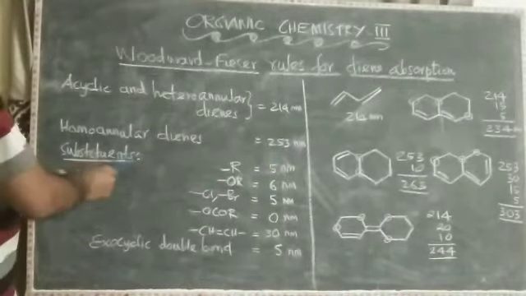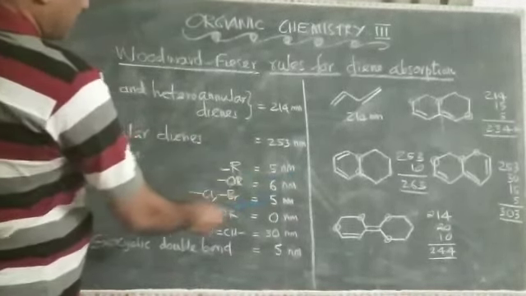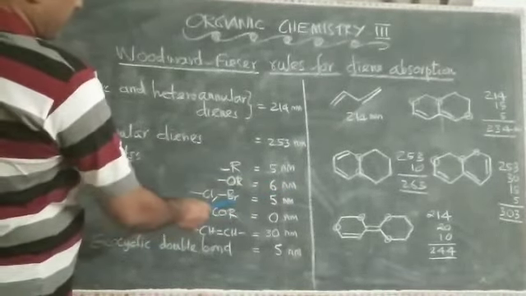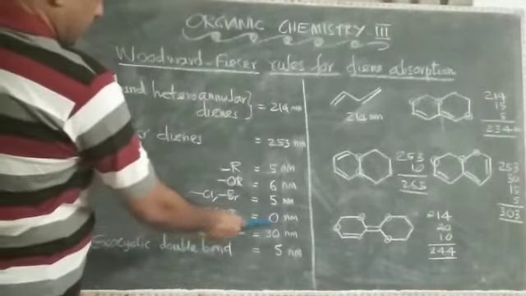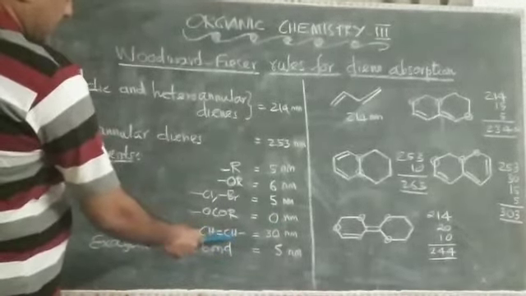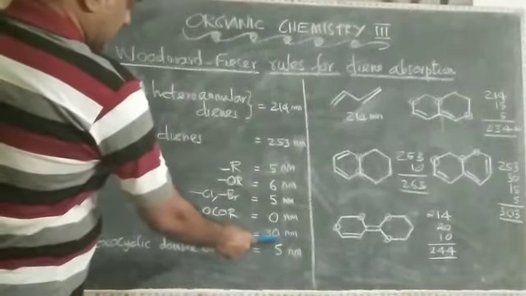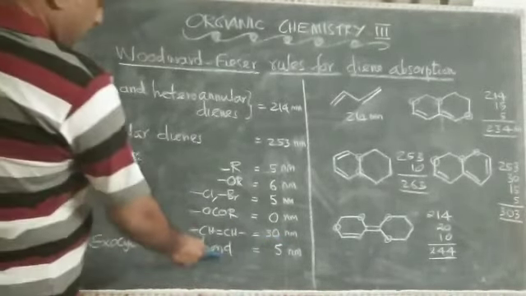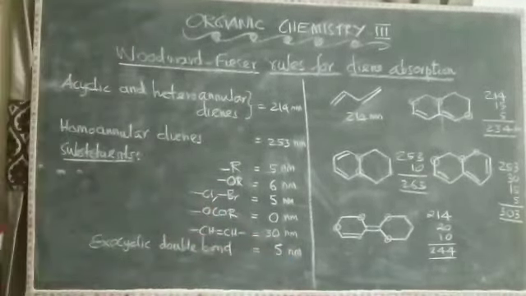The substituents present in the diene system: the alkyl groups give 5 nanometer, OR groups give 6 nanometer, chlorine or bromine present absorb 5 nanometer, acyloxy group absorbs 0 nanometer, and if there is an extended conjugation, that is, if there is the presence of another double bond, then it adds a 30 nanometer value. The exocyclic double bond present in the ring absorbs at 5 nanometer.